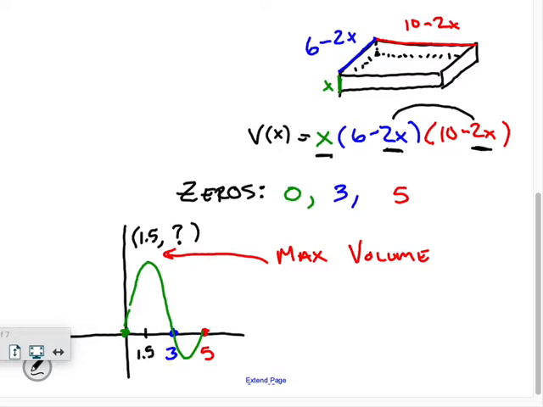Then when I multiply that positive 4x squared to this green x, that's going to give me a positive 4x cubed. So you could look at this as 4x cubed, and then there are going to be some terms in the middle, and then your constant is going to be 0.